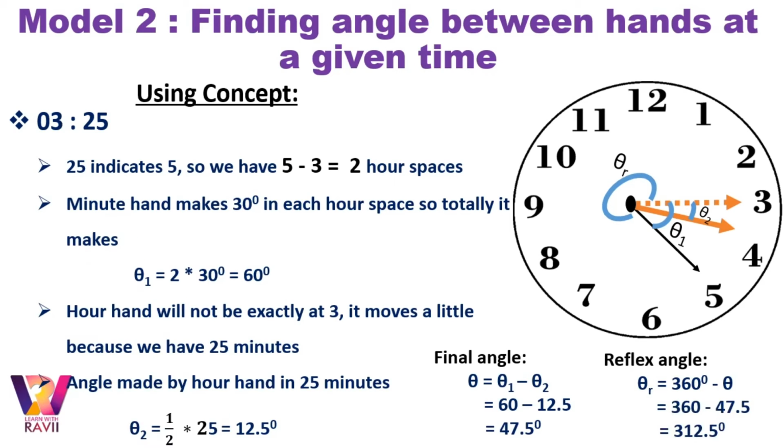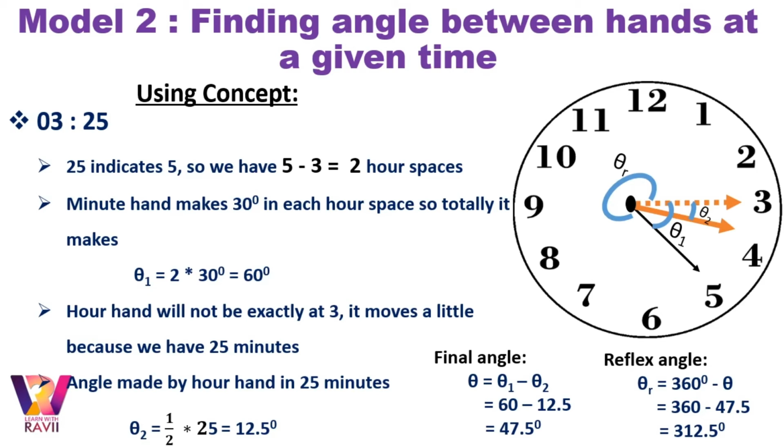Now please watch the image very carefully. The presentation slide has a few points. All these things can be done in the mind, but as it is the first time, you should know what is happening. The time says 3 and 25. 25 is 5. So between 3 and 5 we have 2 hour spaces. So it is 60 degrees. Common sense. Point 2.